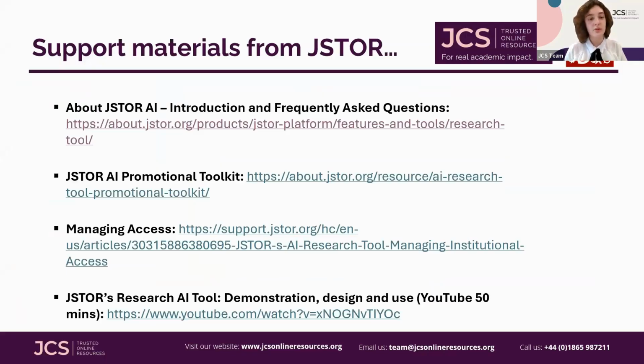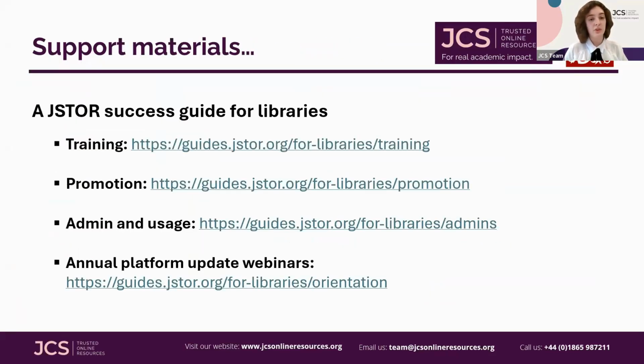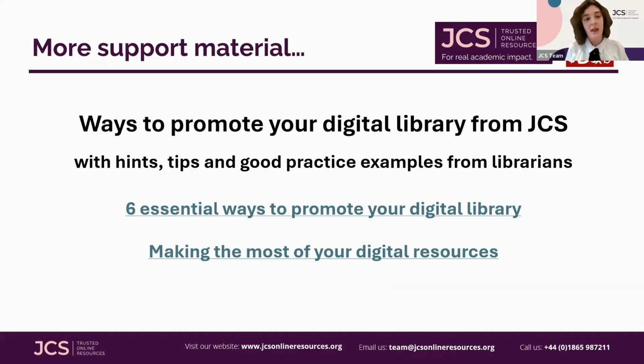So on this slide, we've got promotional materials for the JSTOR AI tool, from frequently asked questions, the promotional toolkit, a YouTube video, and also how to manage access. The next slide, we have the JSTOR success guide covering training, promotion, admin, and usage. And our final support slide, we've got two documents attached for ways to promote your digital library from JCS, from 6 essential ways to promote your digital library and making the most of your digital resources.